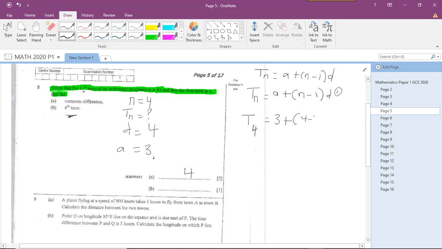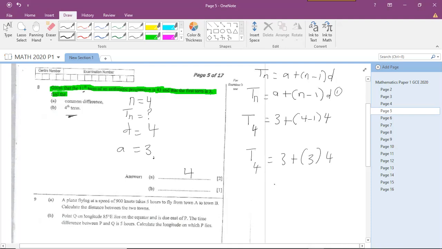We'll say 4 minus 1, close brackets. What's the common difference? 4. We found the common difference as 4. Meaning the fourth term will be 3 plus, open brackets, this will be 3 multiplied by 4.